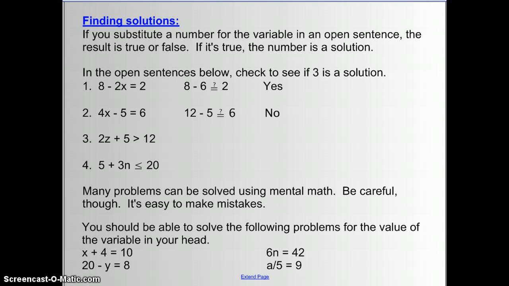Again, you substitute 3 for x. So you get 12 minus 5. Does that equal 6? No, it does not. So 3 is not a solution to the problem. Try the next two on your own and see if you can figure them out. You can pause this video if you need some more time.